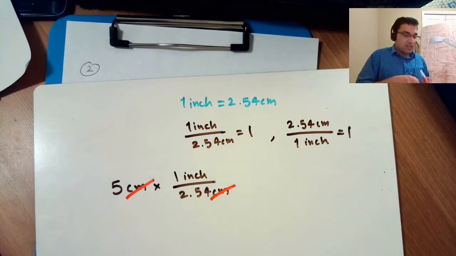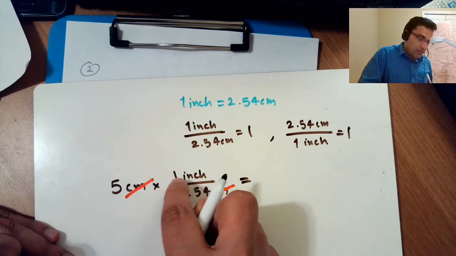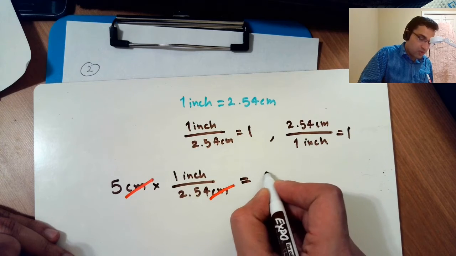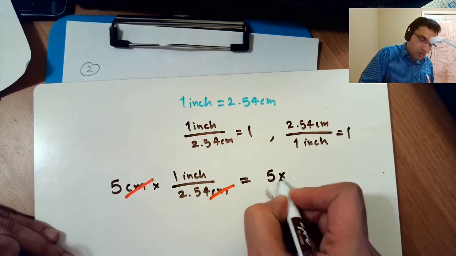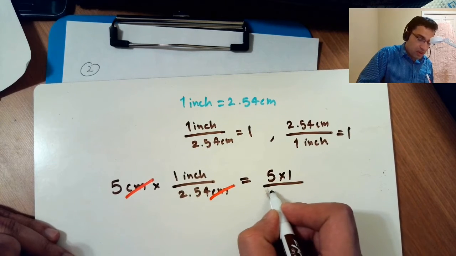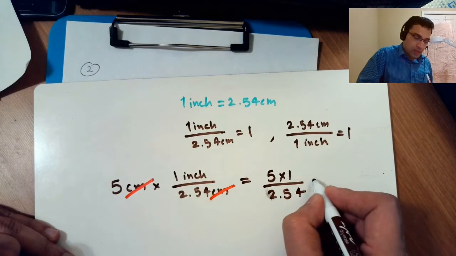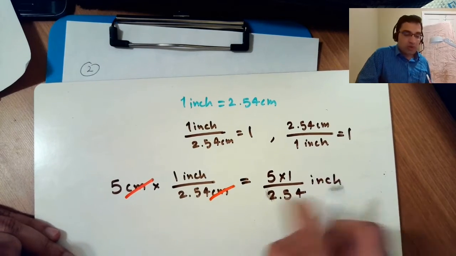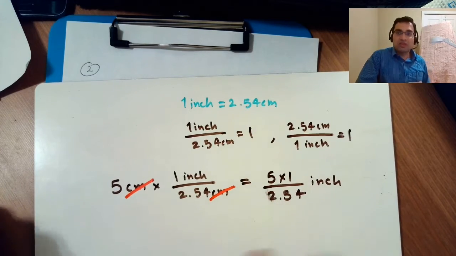And what is this? 5 times 1, which is just 5, divided by 2.54 inch. Of course, you can do 5 divided by 2.54, but that's beside the point, okay?